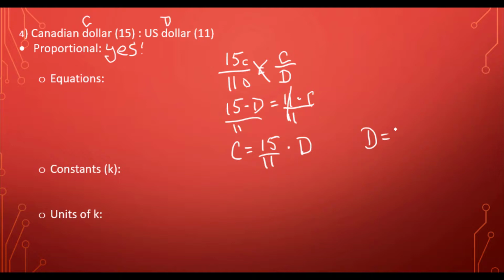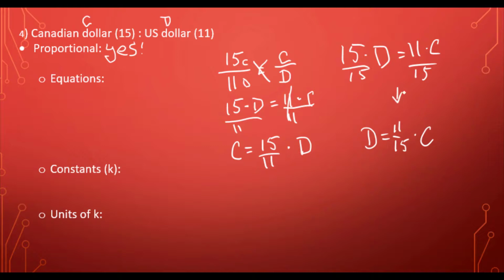I'm going to write it down. 11 over 15 times C. Now what you can do, if you don't see this, you can always just stick with the cross multiplication product and divide both sides by 15. And you'll get that. But these are reciprocals, or multiplicative inverses.